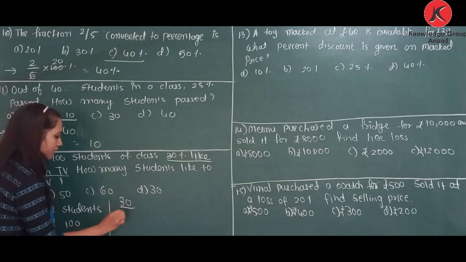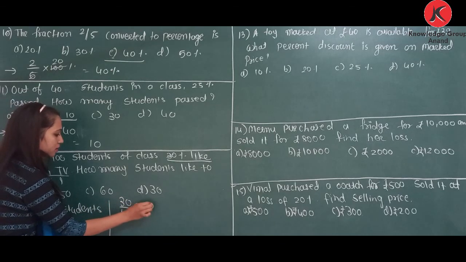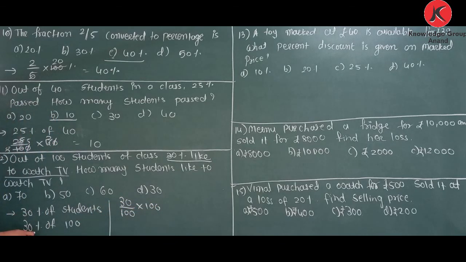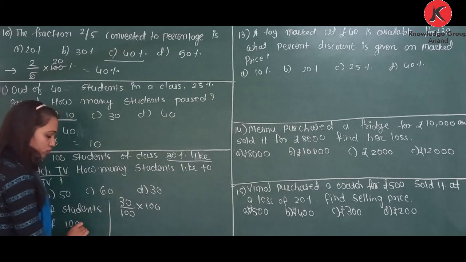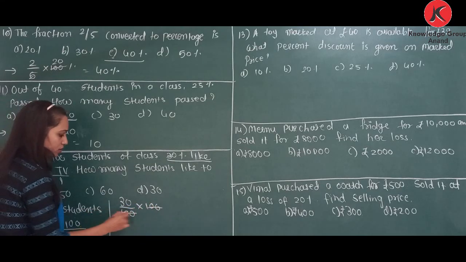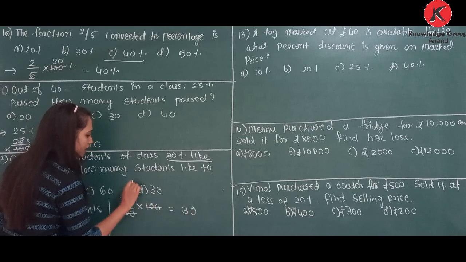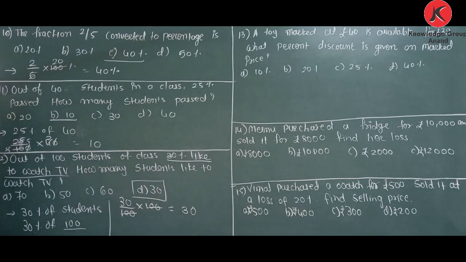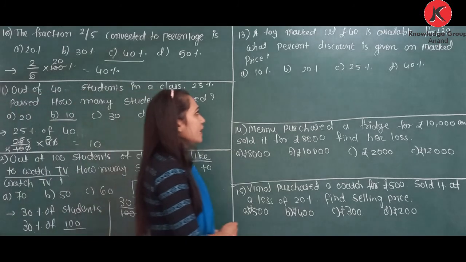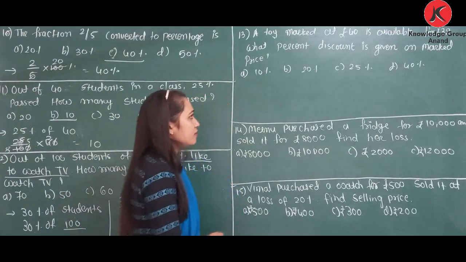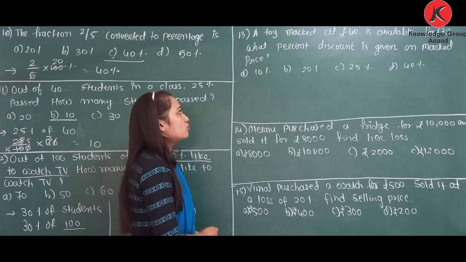So 30 divide 100 multiply. Percentage means divide by 100, multiply by total students, that is 100. So it will give 30. Clear?